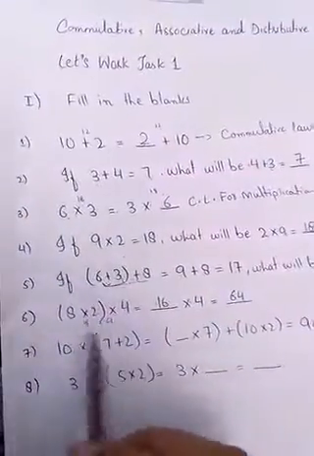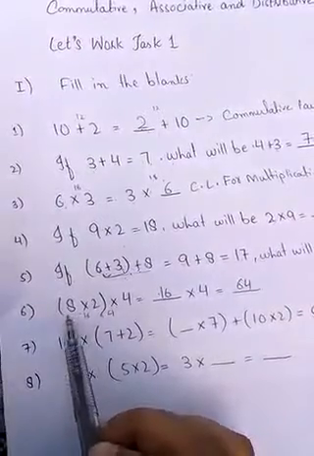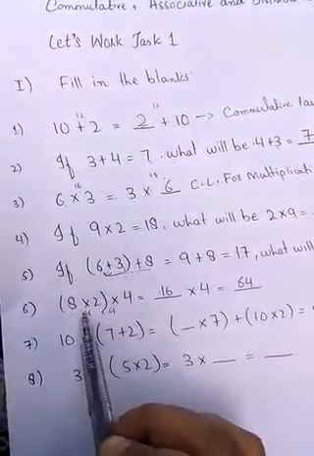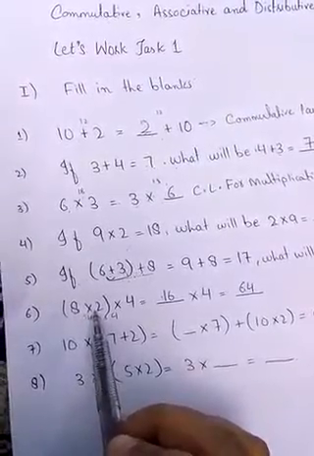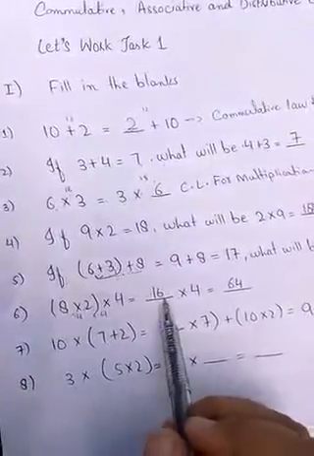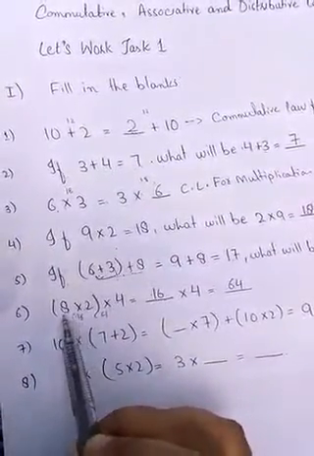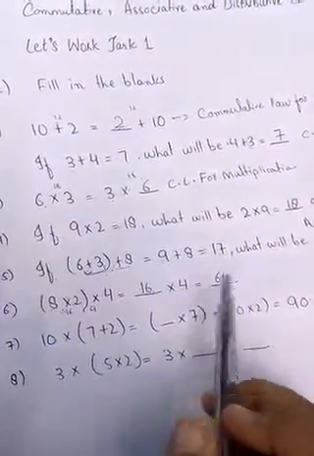Now all the sides are equal. This is the associative law of multiplication. On this side 8 and 2 are grouped and then multiplied by 4. And on this side they solve it: 8 multiplied by 2 is 16, multiplied by 4, and then 16 4s are 64.